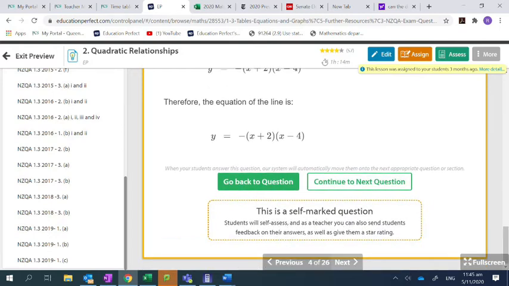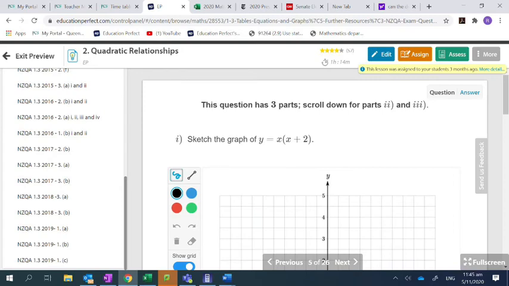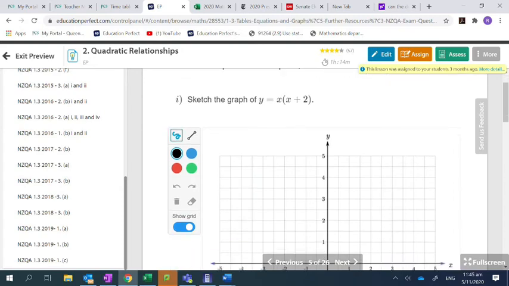That's fine. Okay, next question. This question has 3 parts. Scroll down for the next parts. Sketch the graph of that. Okay? So, first do the x-intercepts, which are easy to find.